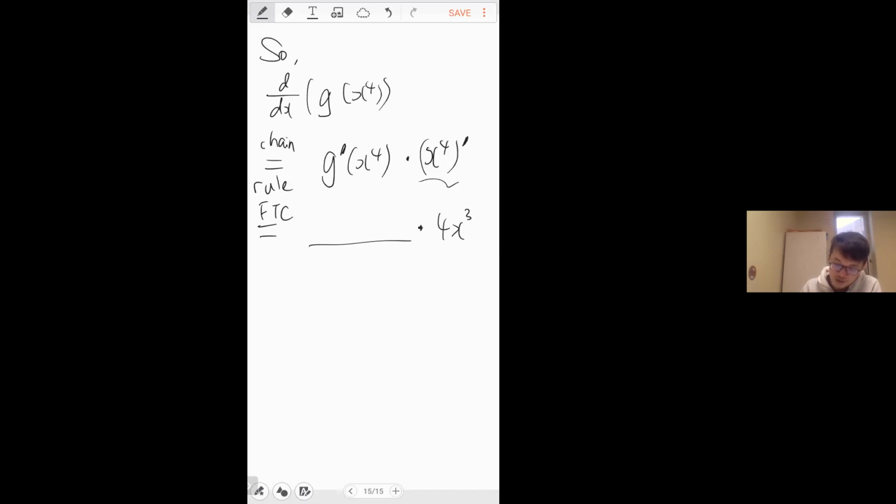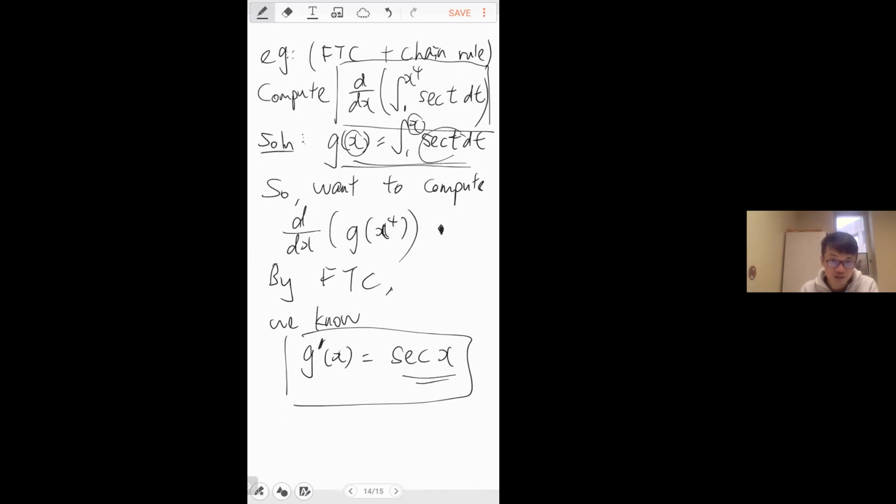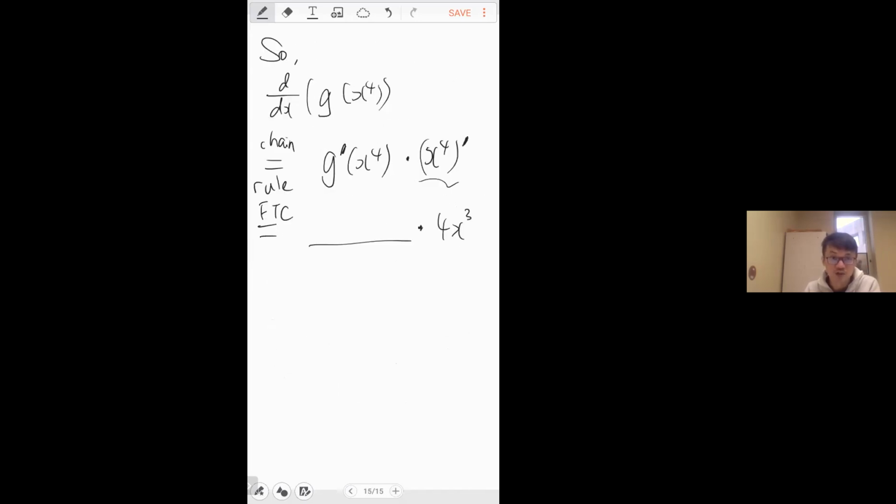The hardest part is the first part. So I know that g prime of x is secant of x. What is g prime of x to the 4?